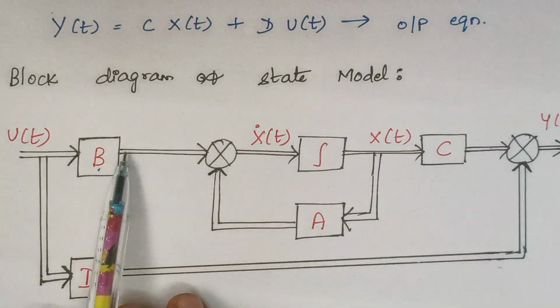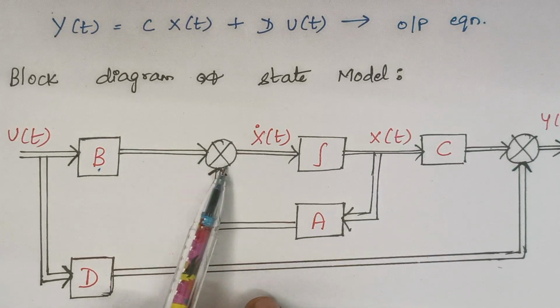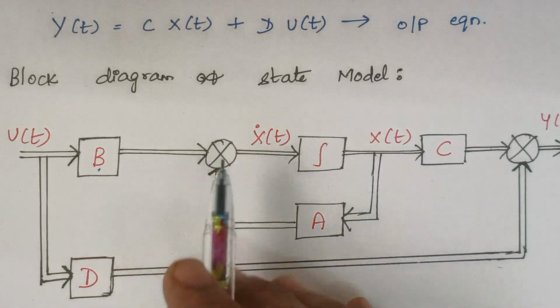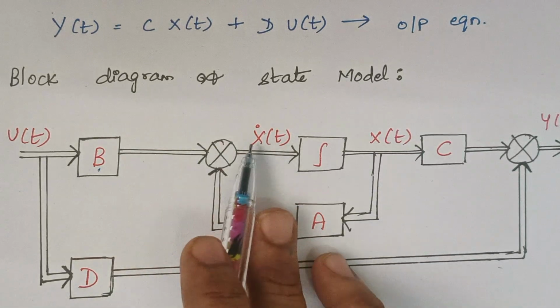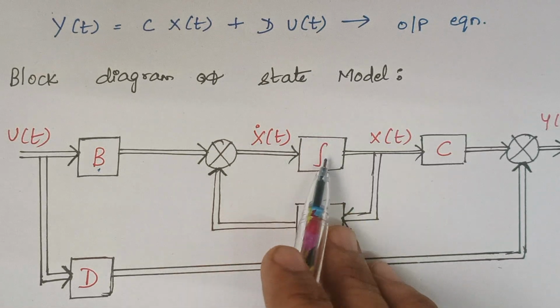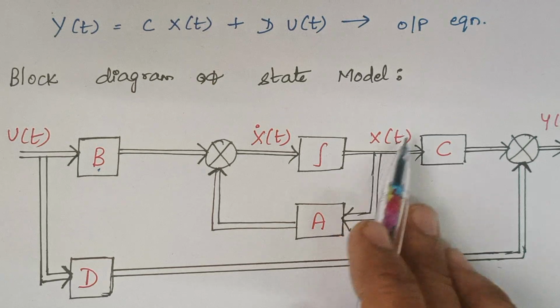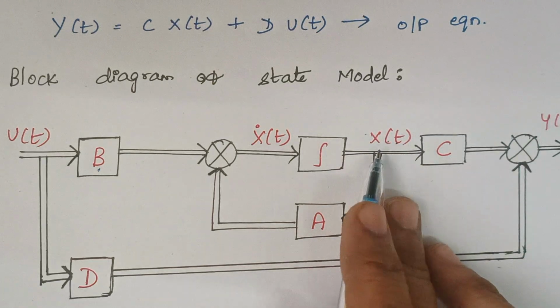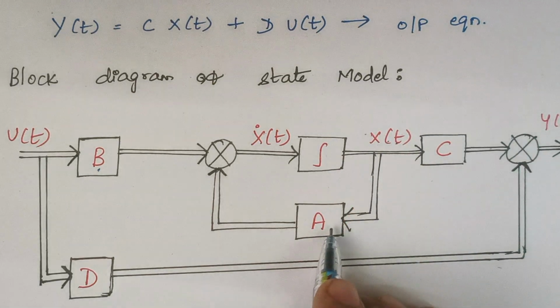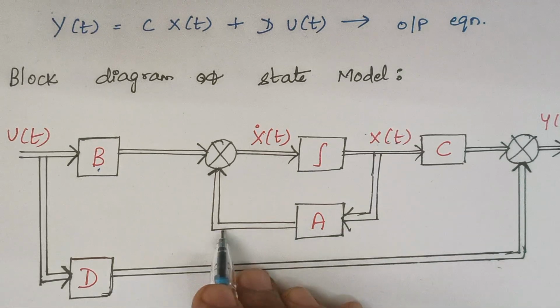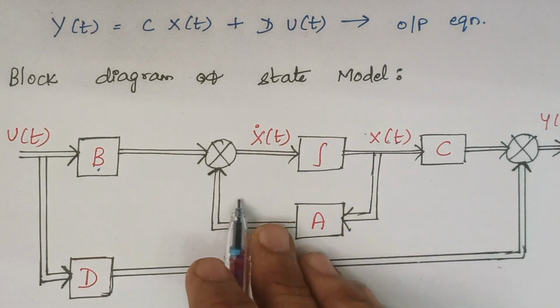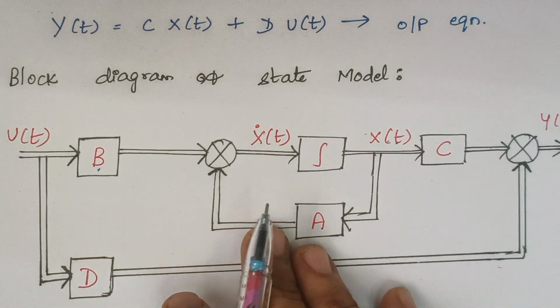And here again the output from this B block is given to a summer, and the output from this summer is x dot of t, which is given to an integrator, and therefore the output is x of t. And this x of t is given as feedback to this block A. Therefore here again the output will be A into x of t, right?